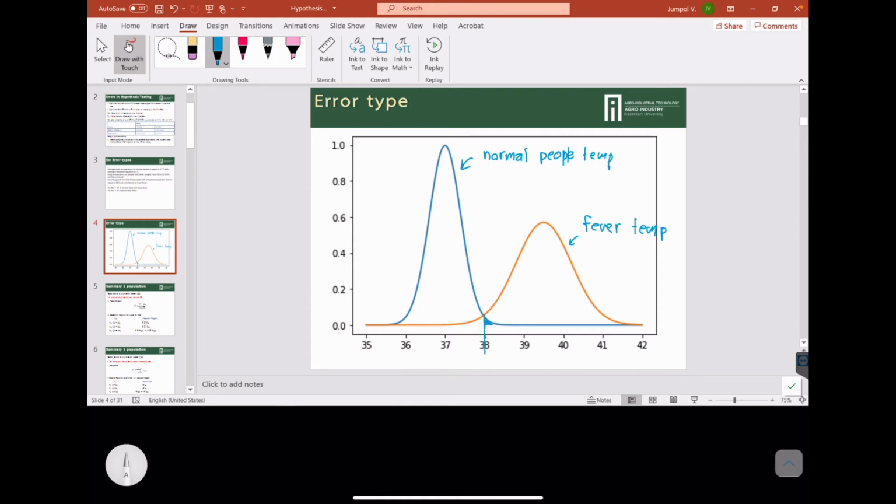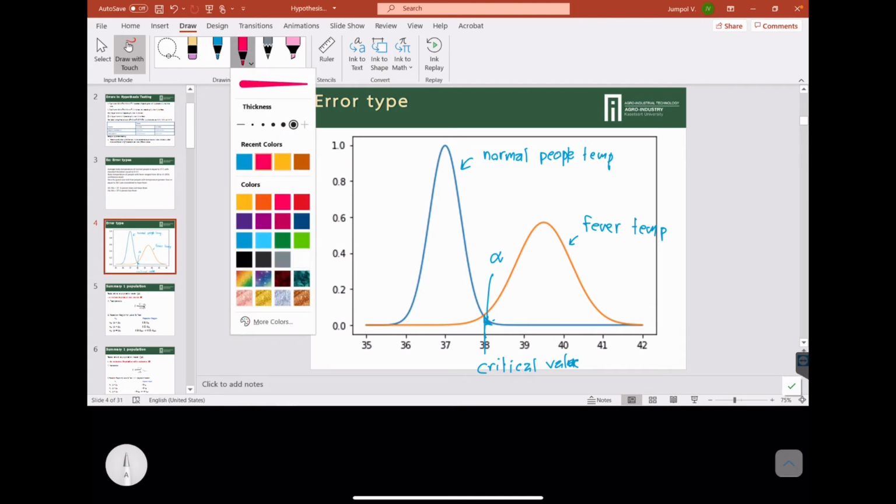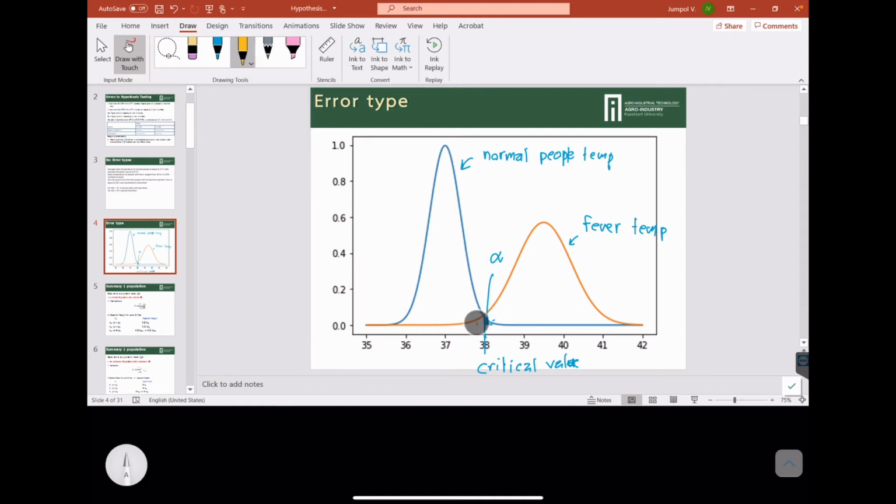Because this is the critical value. So this is error type 1. Error type 2 is going to be this area. This is error type 2. So this is beta.